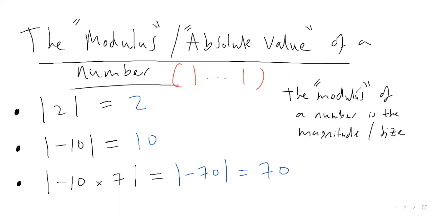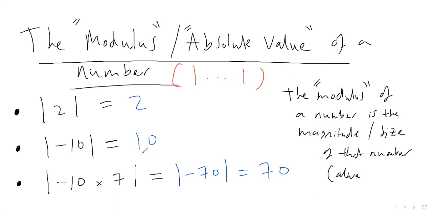That's one way you can think about it. And regardless of what sign it is, whether it's positive or negative, it will always be a positive number. Well, a non-negative number.